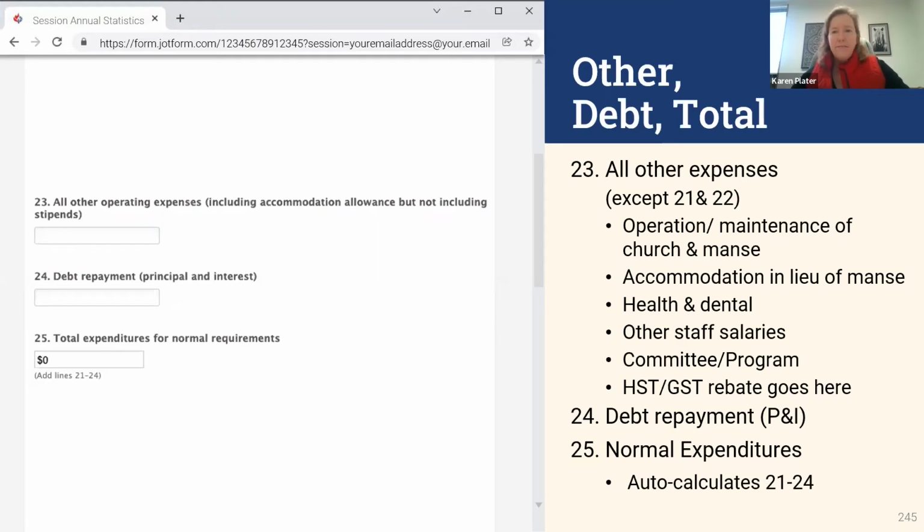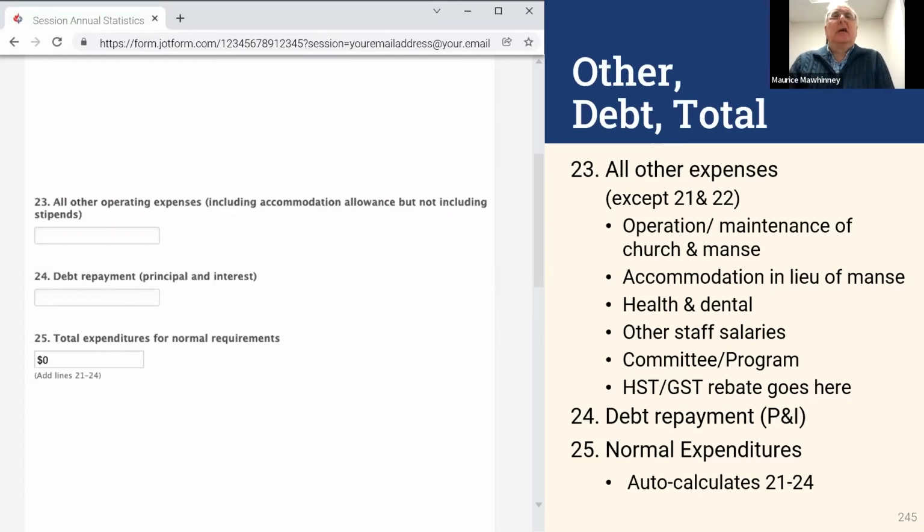Yes. Okay. Back in one of the earlier presentations, I did talk about the HST and the rebating of those rebates that you receive. It all depends on how you're doing the accounting for the transactions in the first place.